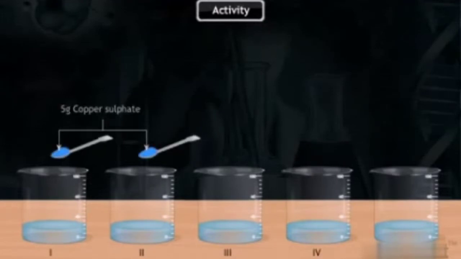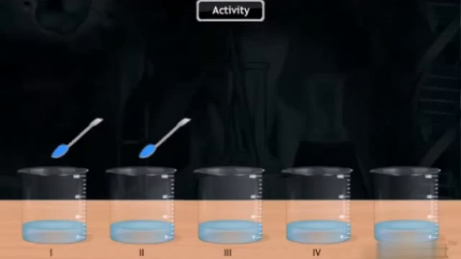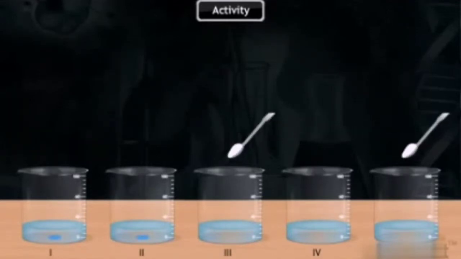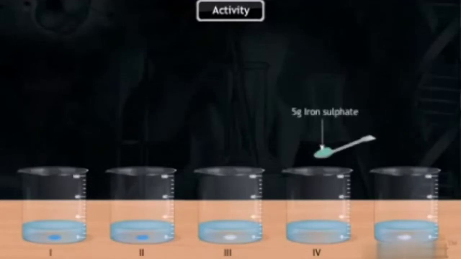Add 5 gram copper sulfate in beaker 1 and 2, 5 gram zinc sulfate in beaker 3 and 5, and 5 gram iron sulfate in beaker 4.